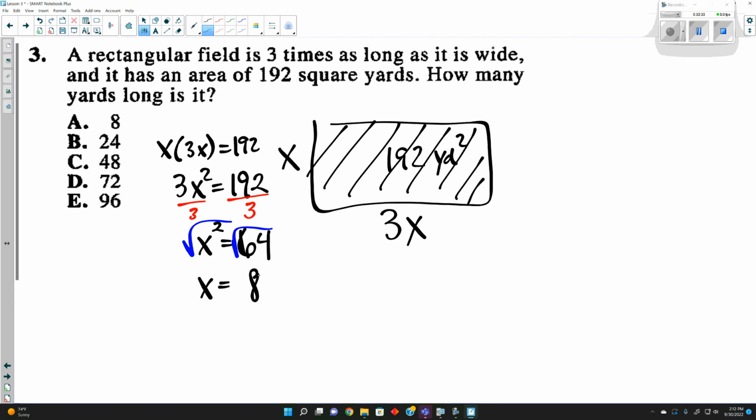Was x the length or the width? Because the field is 3 times as long as it is wide. So the width is 8. The length would be 24, so the correct answer is B.